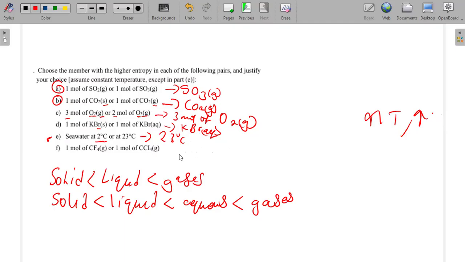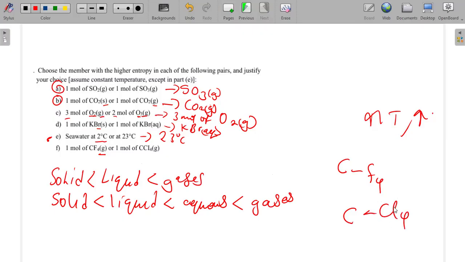Then we do the last part, which is part F. Part F is saying 1 mole of CF4 as a gas, or 1 mole of CCl4 as a gas. We have the same number of moles, but this carbon is attached to fluorine, and this carbon is attached to chlorine.